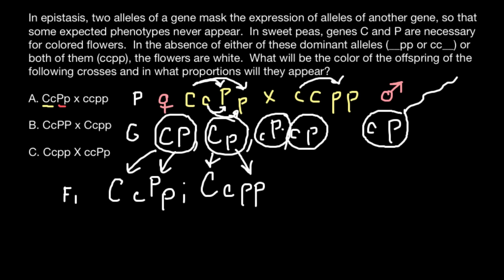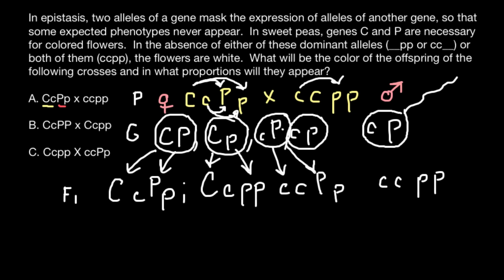The third one would be small c, capital P and small p. Once again, small c here, capital P here, and once again, small c here, and small p goes here. And the last possible genotype would be small c, and small p, small p.